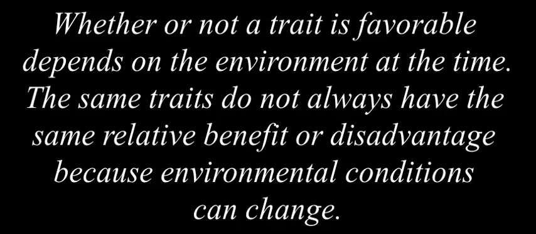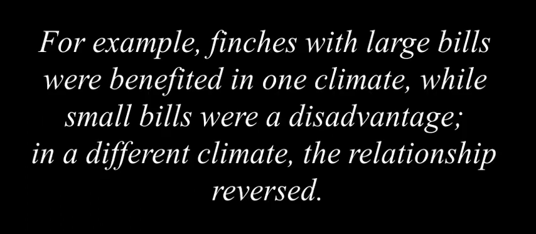The same traits do not always have the same relative benefit or disadvantage because environmental conditions can change. For example, finches with large bills were benefited in one climate, while small bills were a disadvantage. In a different climate, the relationship reversed.